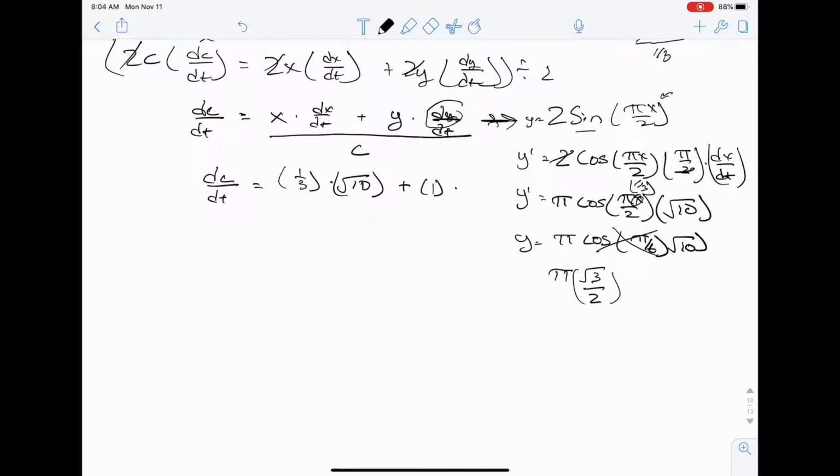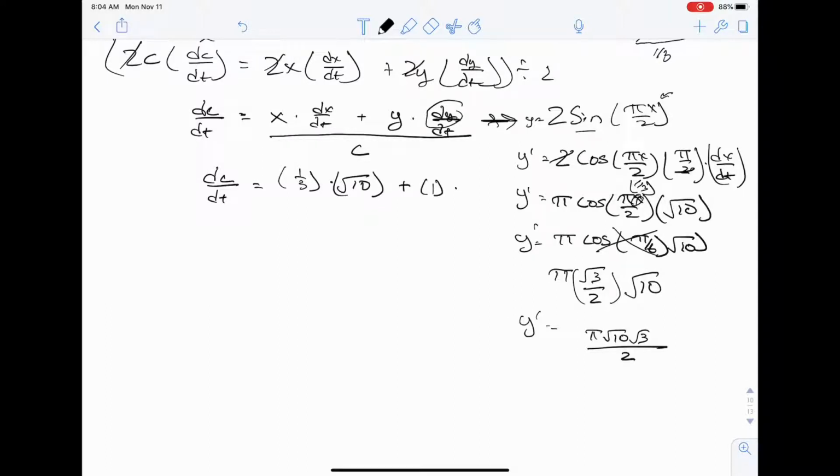You're left with square root of 10, so the derivative would just end up equaling square root of 10 times pi times square root of 3 divided by 2. Okay, now we have that.